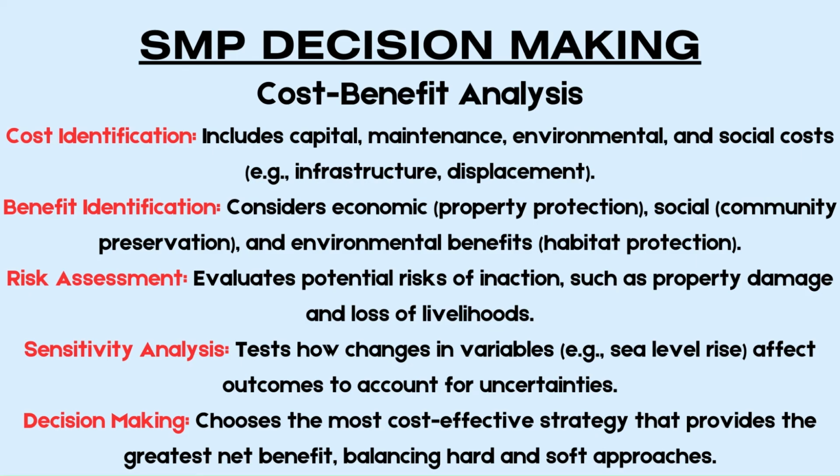This helps account for uncertainties and ensures greater adaptability. Finally, the decision-making stage involves selecting the most cost-effective strategy that delivers the greatest net benefit. This often requires balancing hard engineering approaches with more sustainable, soft engineering methods, depending on the specific needs and risks of the area.